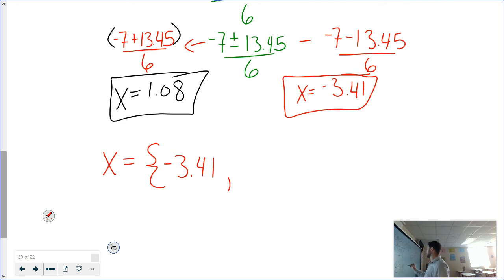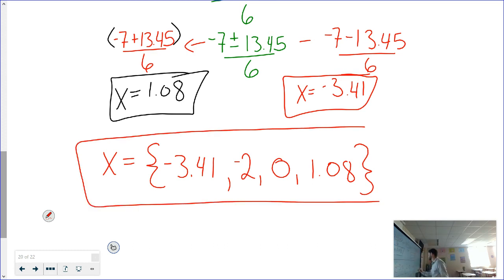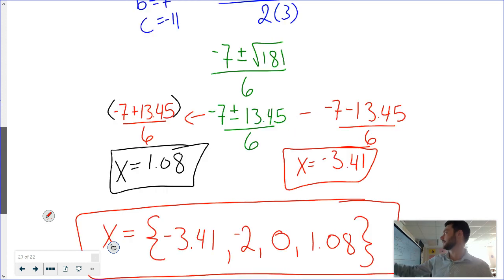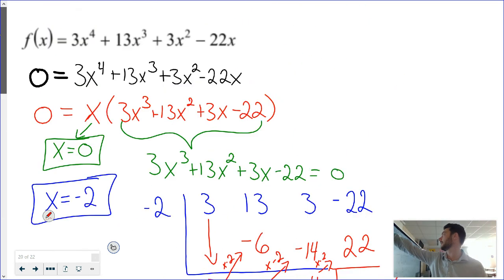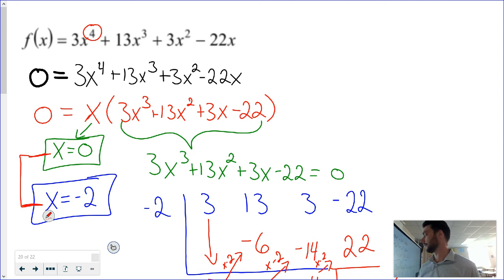We had -2 from above, we had 0 from above, and we have 1.08. There are 4 different answers to this problem. It matches the 4 that we saw up here. We're not surprised to see 4. We knew this was going to happen to start. Don't forget that these two are part of your answer.